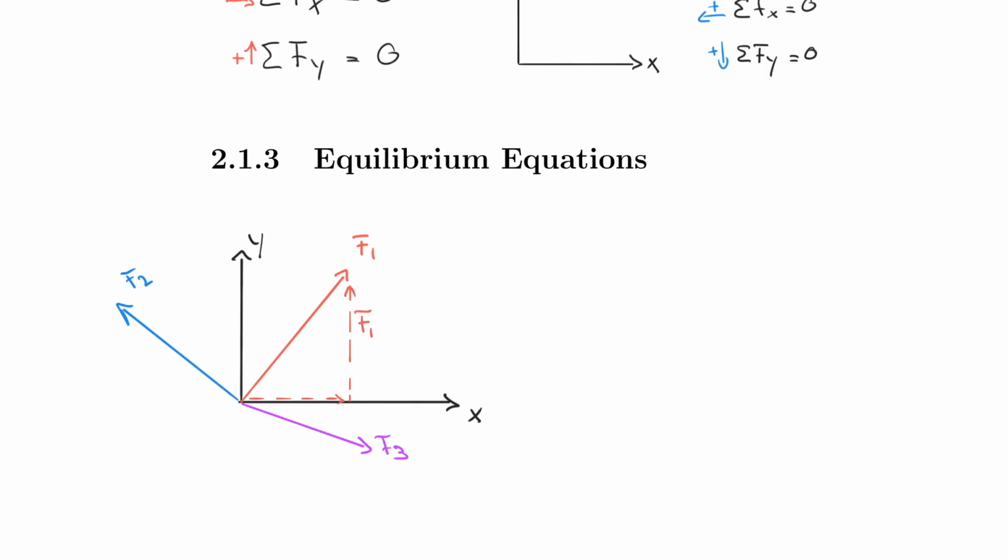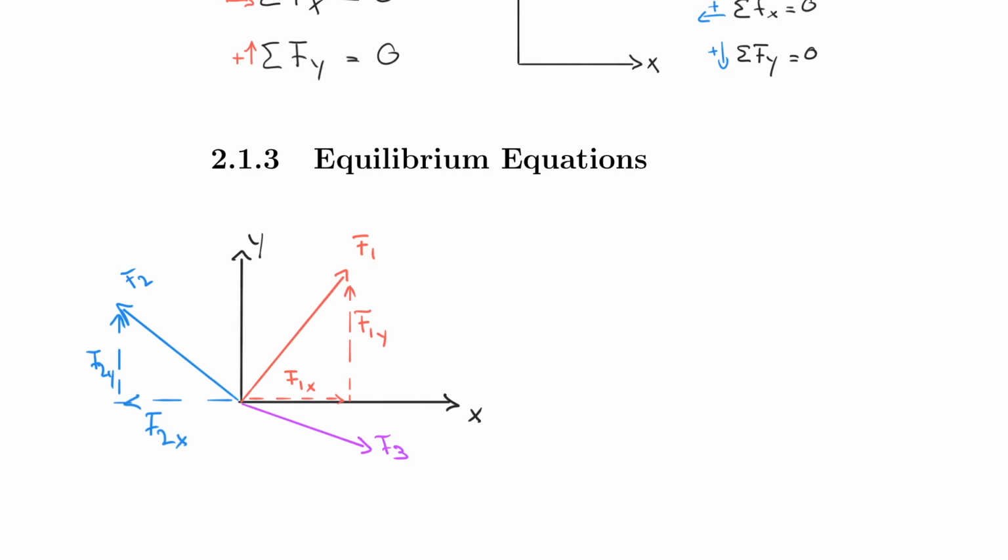So this here would be f1y, and this would be f1x. And I can also do it for f2. The vertical component needs to be included too. So this would be f2y, and this would be f2x. And of course this is true for f3 as well, but I'm not going to steal your time with that.